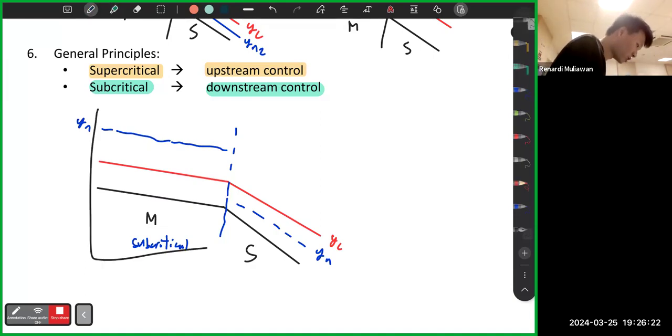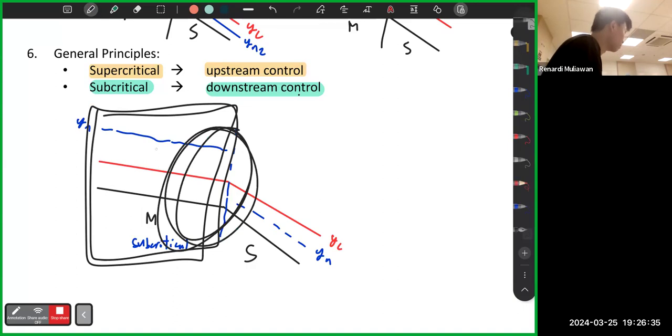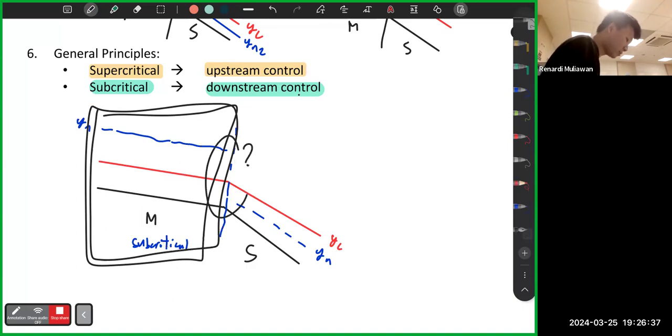So imagine you draw a box here, for this particular reach of the river. The flow in this section is subcritical, so downstream control. It means you check what's downstream. Is there any condition change here? The answer is yes. So there will be a curve here.